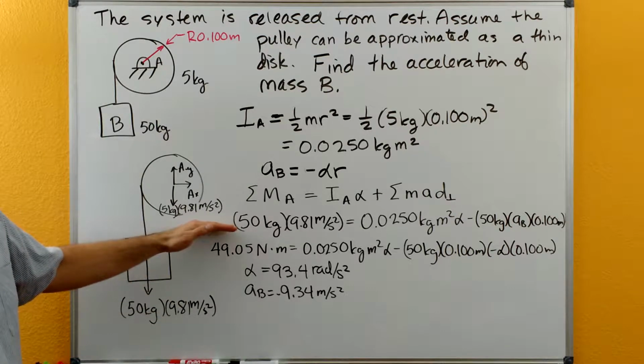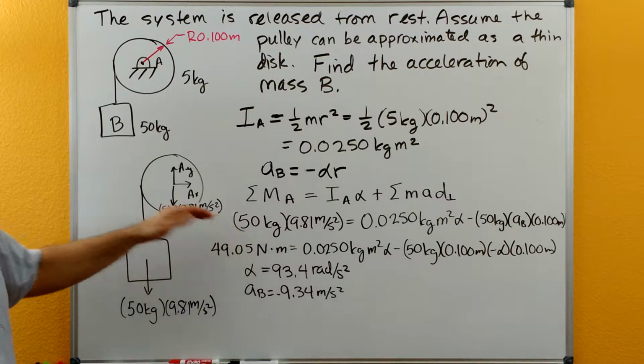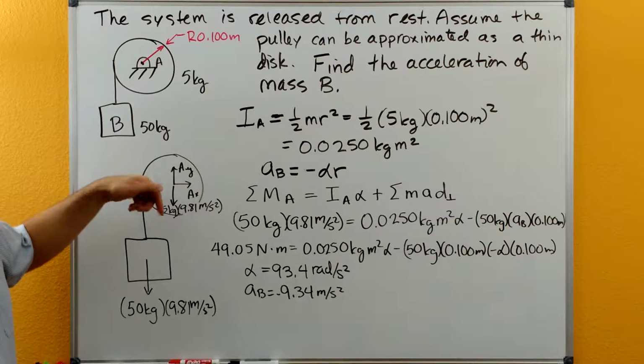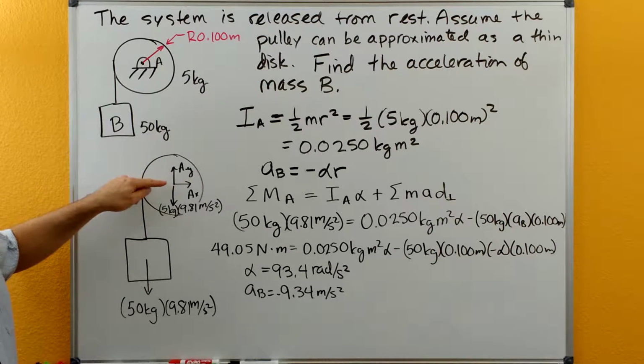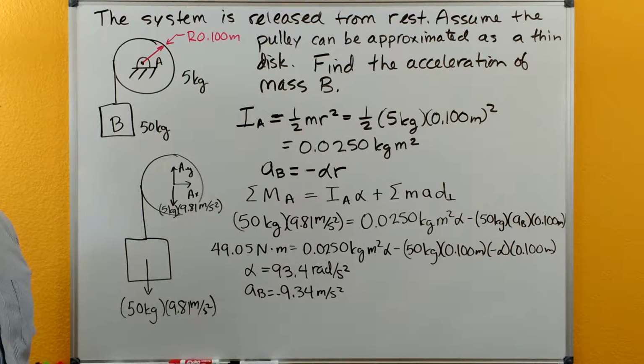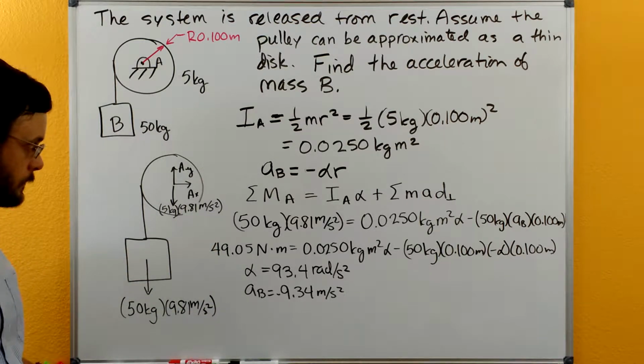So this gives us the 50 kilograms times 9.81 from the weight of the point mass. The weight of the pulley goes through point A and it can't contribute anything. The support gives us an AX and an AY. It can't contribute anything. So this is the sole term on the left-hand side of the equation.